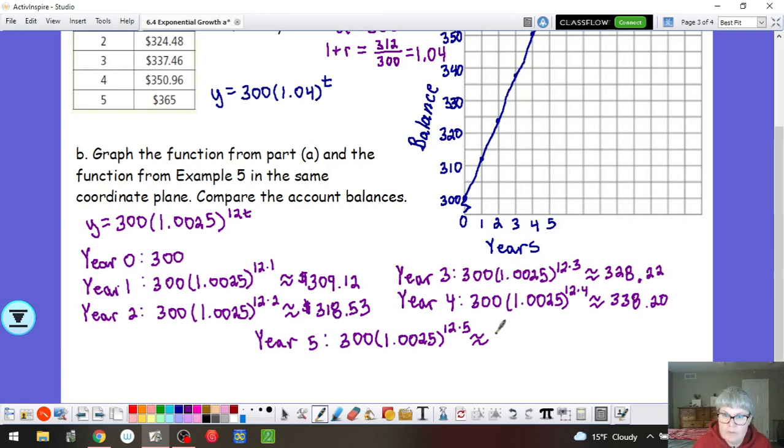And we have about 348.49. So if we plot these, we know we're starting at 300, and then it's 309, 318, 328, 338, and 348.